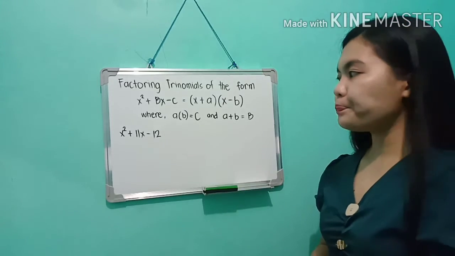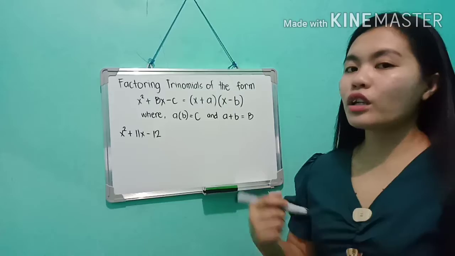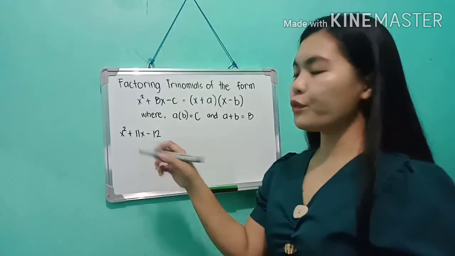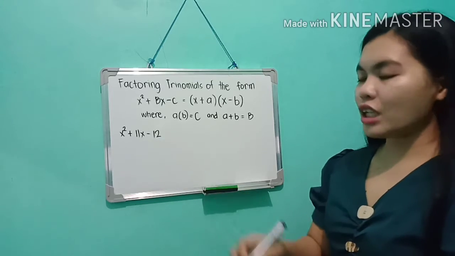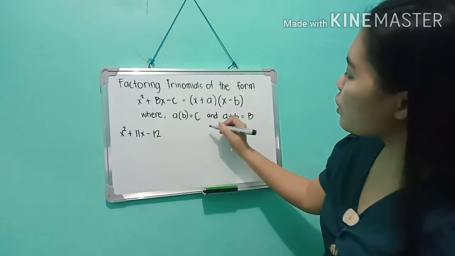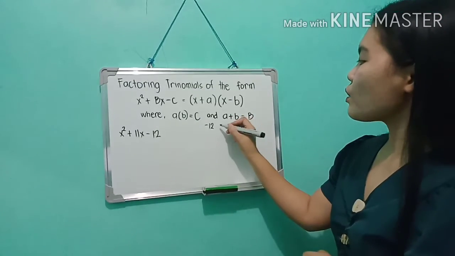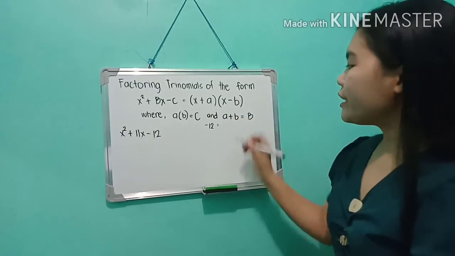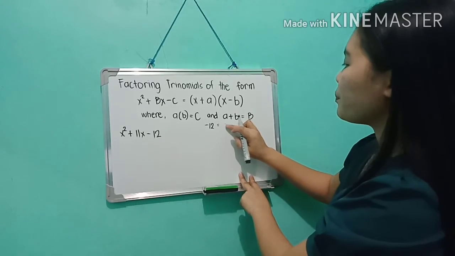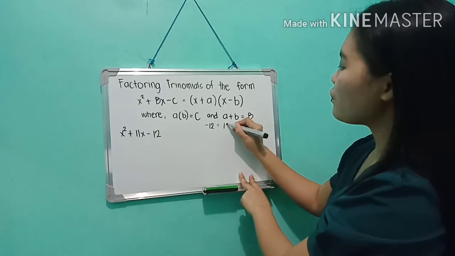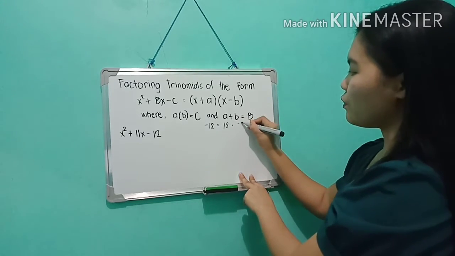Alright, so we have here negative 12. Anong mga numbers or factors na mag-satisfy, or if you're going to multiply it, it will give us negative 12. So, for example, factor of negative 12. Alright, so we have here, let's say, positive 12 times negative 1.